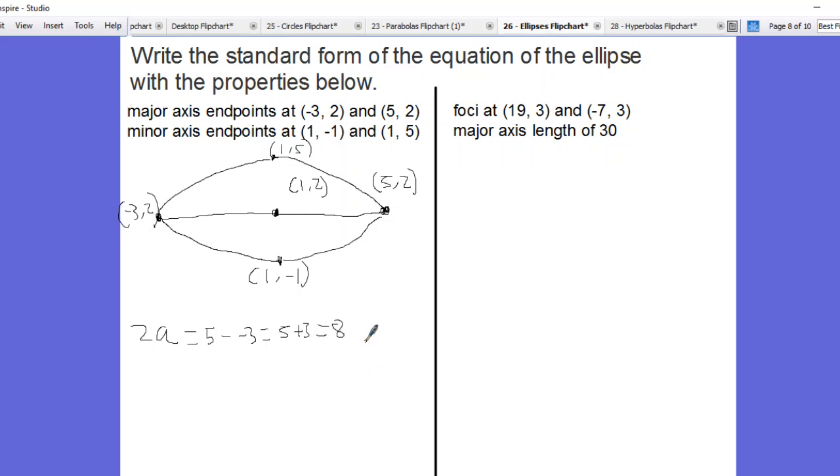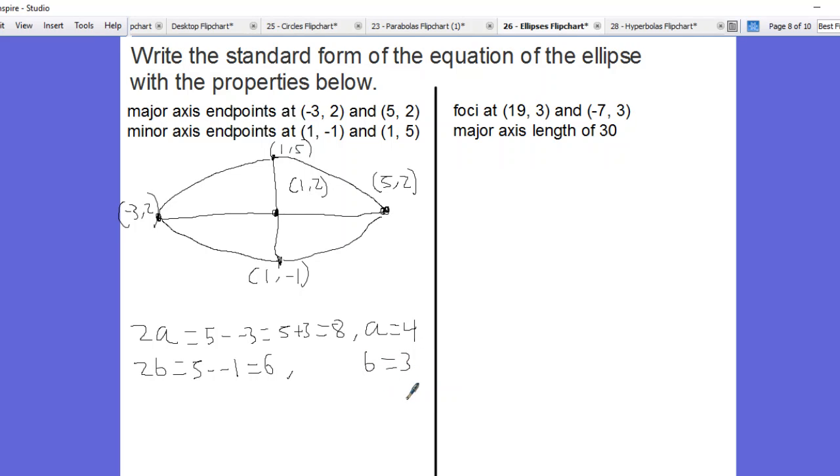And then if 2a is 8, that means a is equal to 4. And then 2b, that's 5 minus negative 1, which is 6, because the distance from negative 1 to 5 is 6. So if 2b is 6, then b is equal to 3.